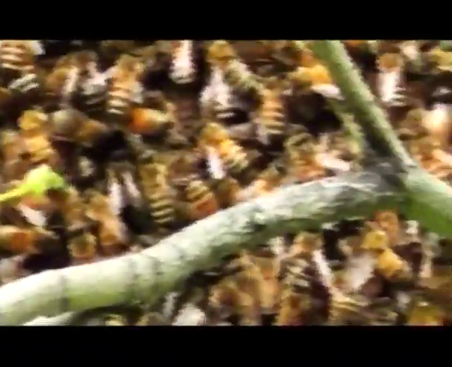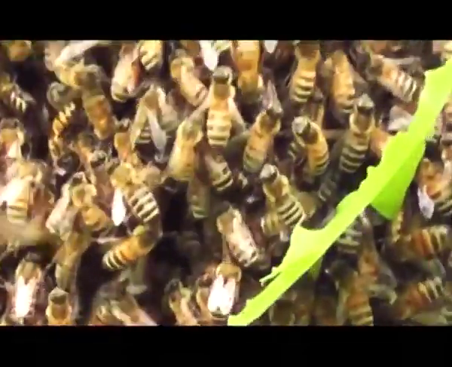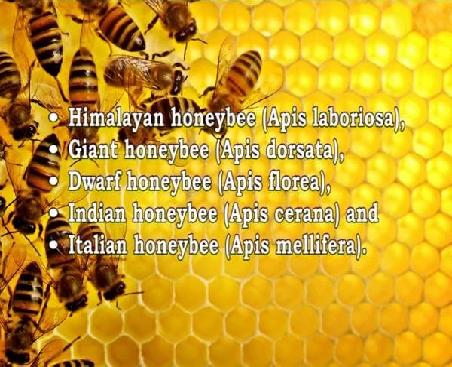Perhaps the name honeybee came into existence because of this reason. In India, 5 honeybee species are distributed in different regions, namely the Himalayan honeybee Apis laboriosa, giant honeybee Apis dorsata, dwarf honeybee Apis florea, Indian honeybee Apis cerana and Italian honeybee Apis mellifera.